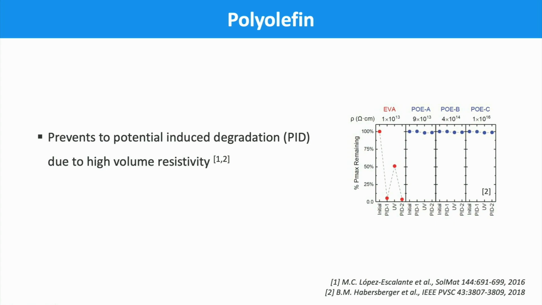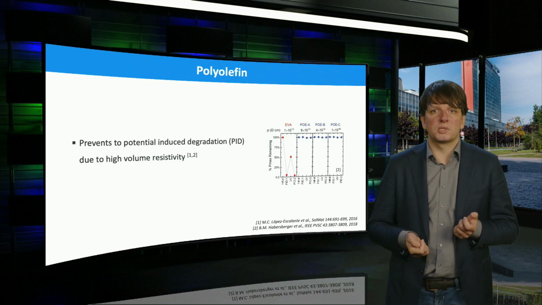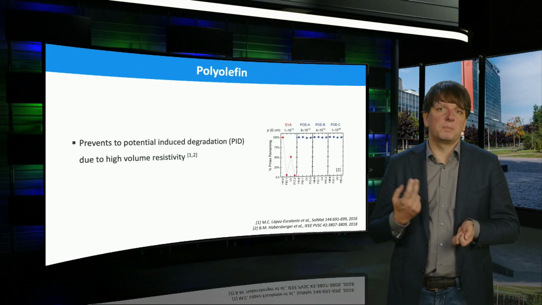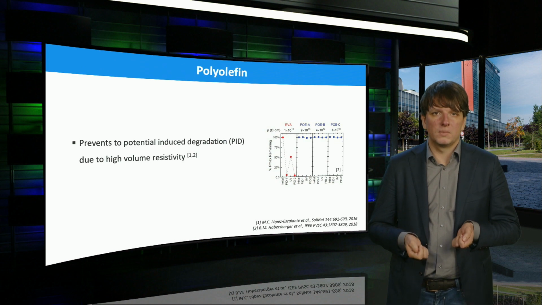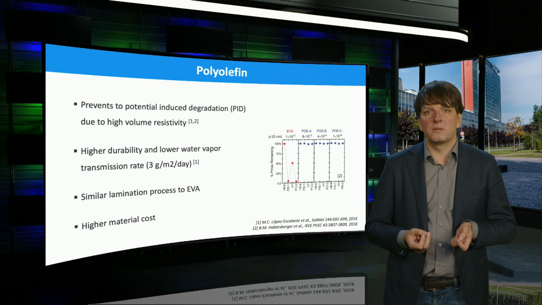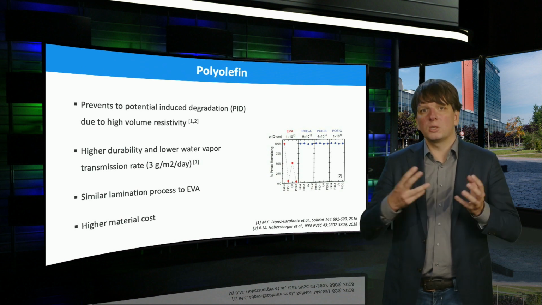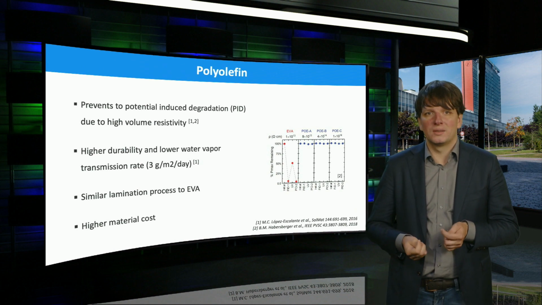It is important to mention that there are other things in a PV module which can be adjusted to reduce PID. Another example besides the encapsulation material are the cell passivation layers. Polyolefin offers other advantages compared to EVA, such as a higher durability of the base material and a lower water vapor transmission rates.